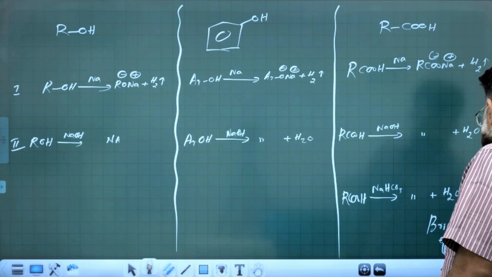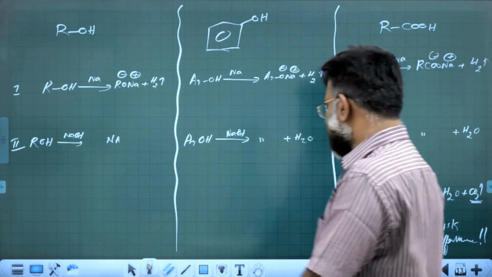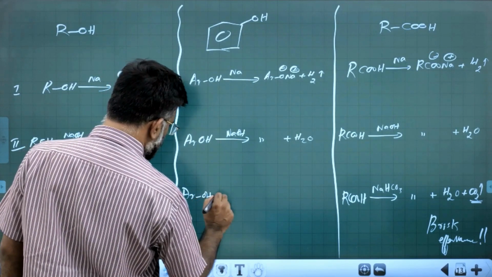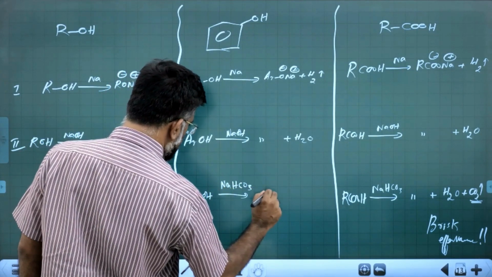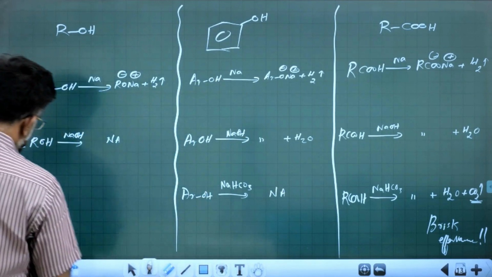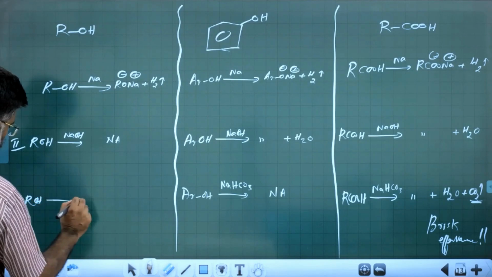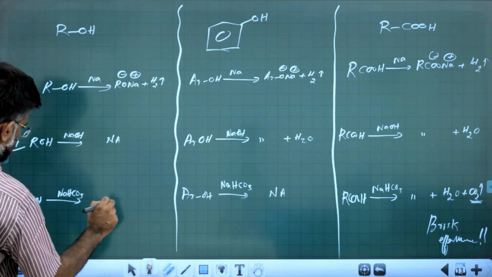There is a brisk effervescence due to the liberation of carbon dioxide. Such a reaction you don't get here. Phenol does not react with NaHCO3. No reaction. And I don't have to comment on alcohols. Alcohols show absolutely no reaction with NaHCO3.